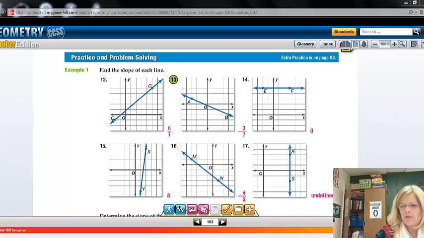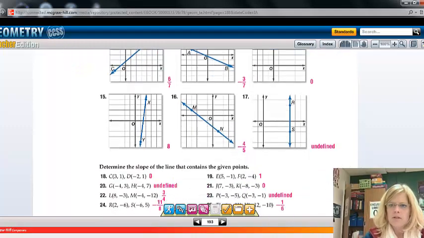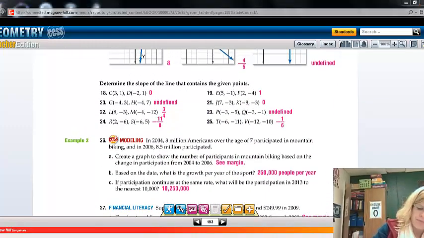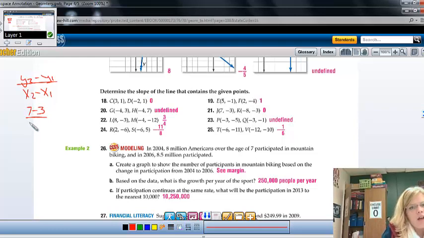Okay, if I scroll down here, down here, 18 through 24, use your slope formula, y2 minus y1 over x2 minus x1. Let's do this undefined one. So if I had 7 minus 3 over -4 minus -4, well, 2 negatives make a what?